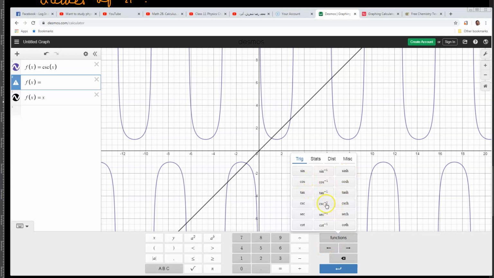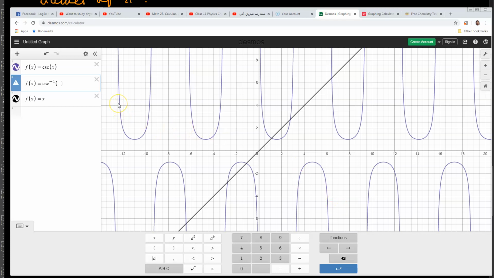Cosecant inverse of x, you can see that you will get only these two parts.